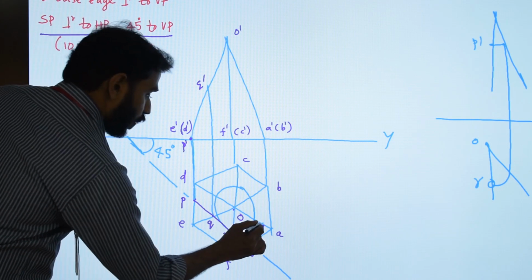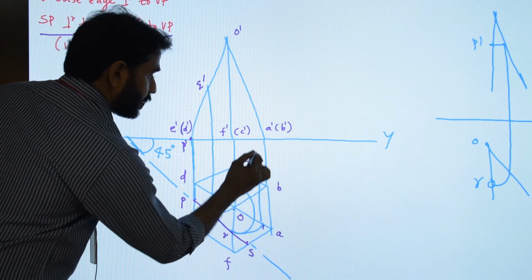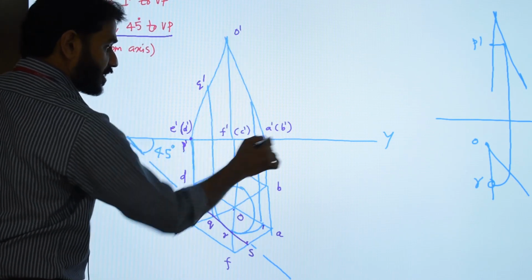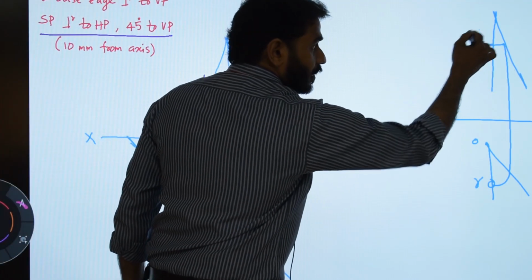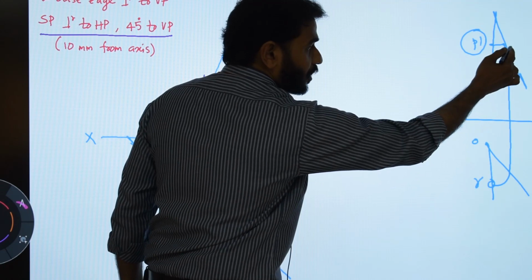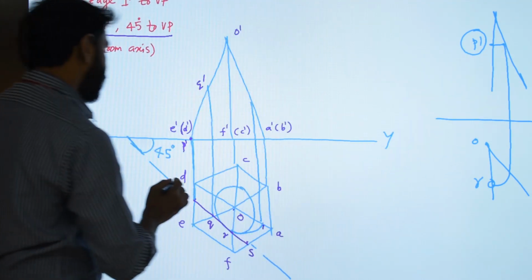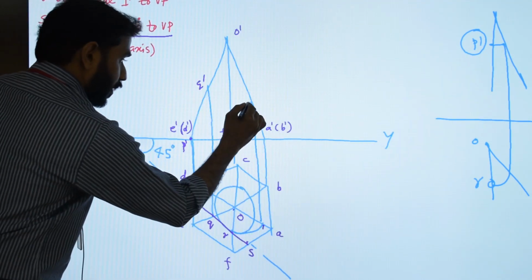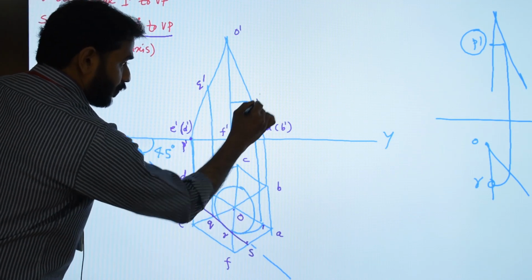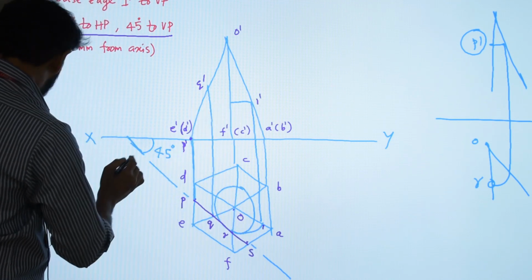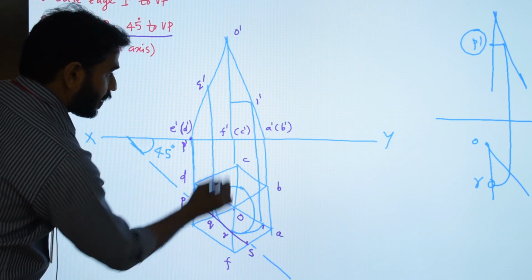Now from 1 I draw a projector to the slant edge O dash A dash. Then to locate the cut point in the front view, I draw a horizontal line parallel to the XY line. The front view of 1 is 1 dash, and when you draw the horizontal line you get the cut point R dash.